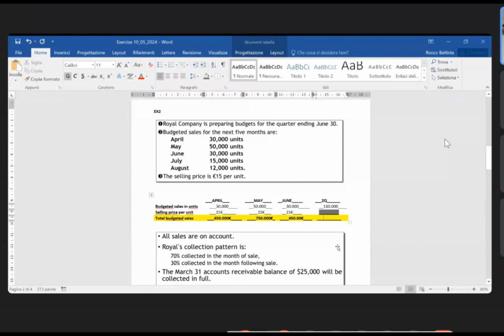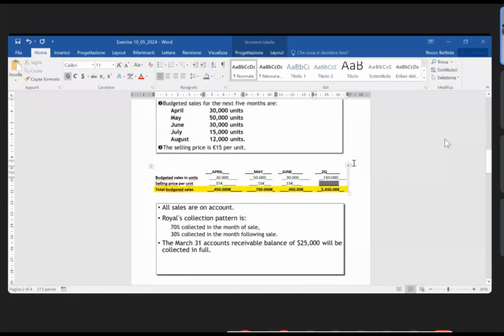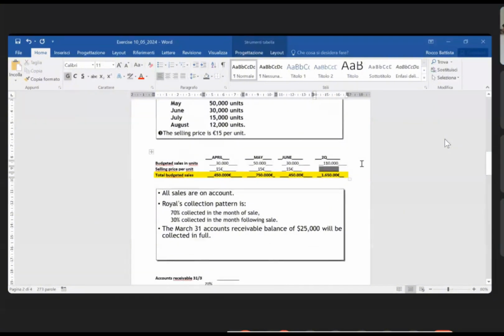So the total is 1,000,006. Correct, please let's check because I don't know. Yes, it's correct. I guess one more zero if I'm not wrong there. Thank you.